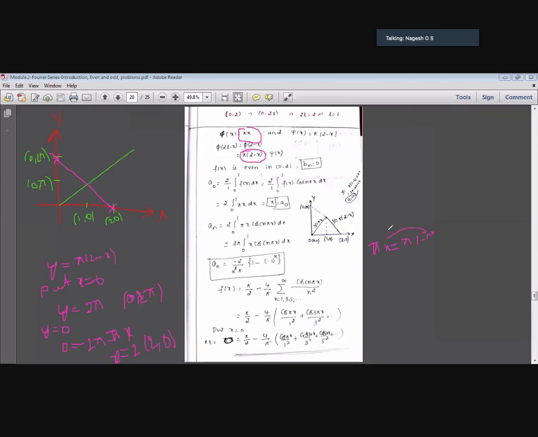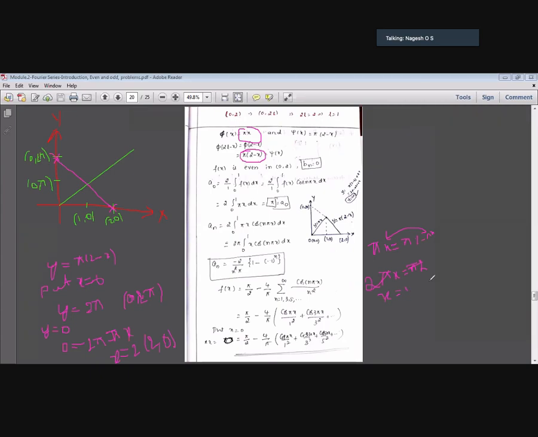Transpose this side, 2 pi x equal to 2 pi, so this cancels, x equal to 1.